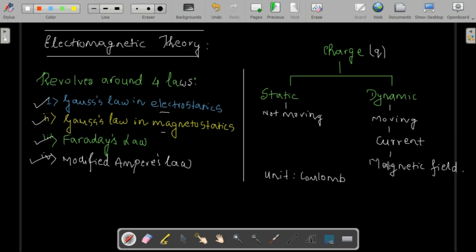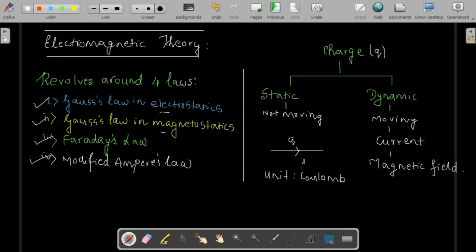This simple concept, which was demonstrated by Oersted long back in the 1800s, proved that electric field and magnetic field are connected. So in general, if you have, let's say, a long current carrying conductor, and we have a charge which is moving, that means it's constituting a current.